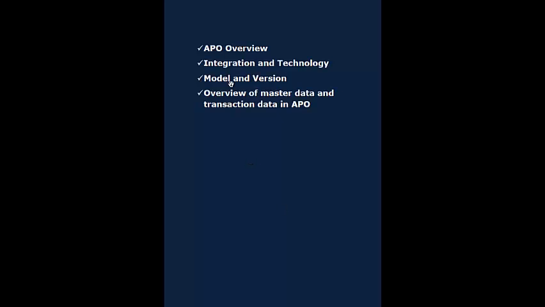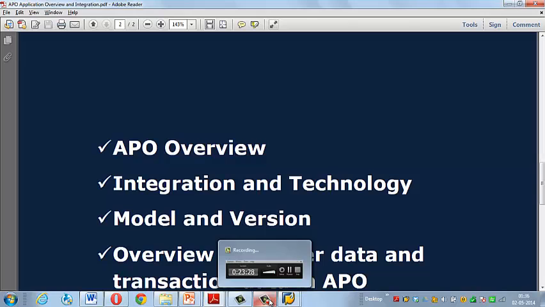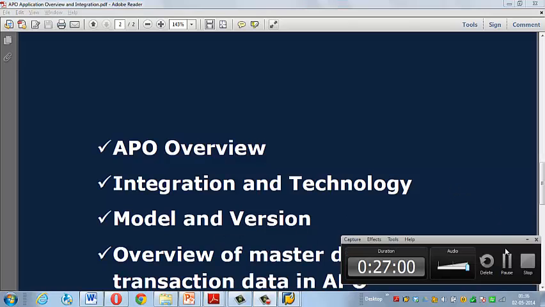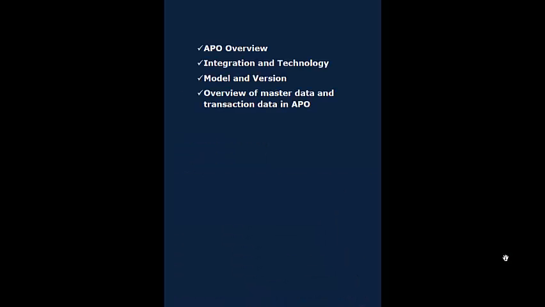Overview of master data and transition data in APO. Master data transferred from R3 system through CIF are location and product, resource and production process model.